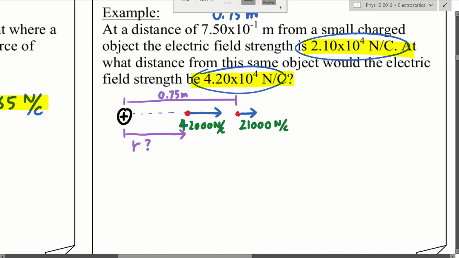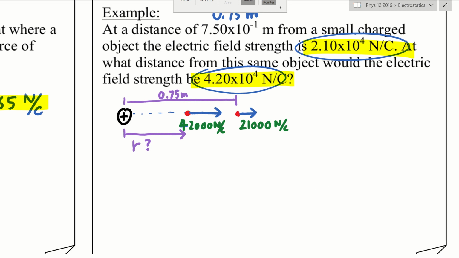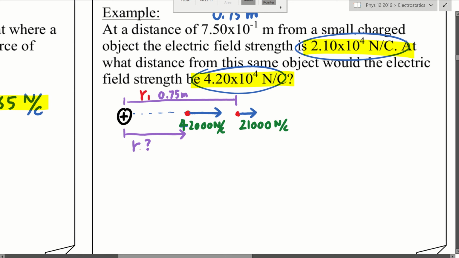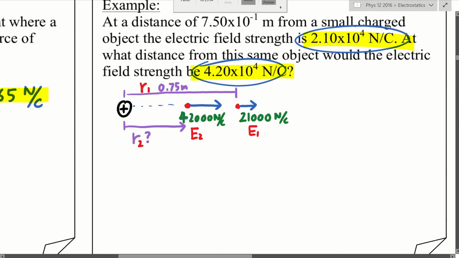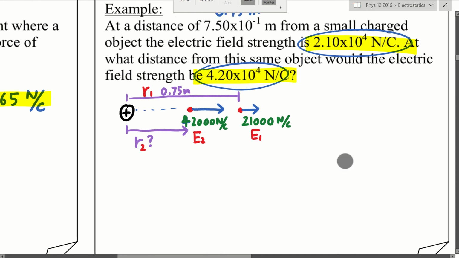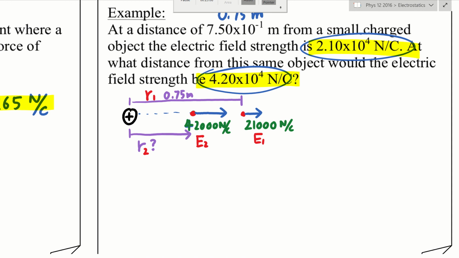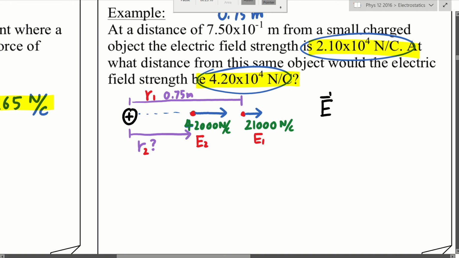Okay, so now let me label things. I'll call this R1, R2. So this will be E1 and this will be E2. So now at least I have a name for everyone. In this question, look at the electric field equation, the one with the K: K Q over R squared.